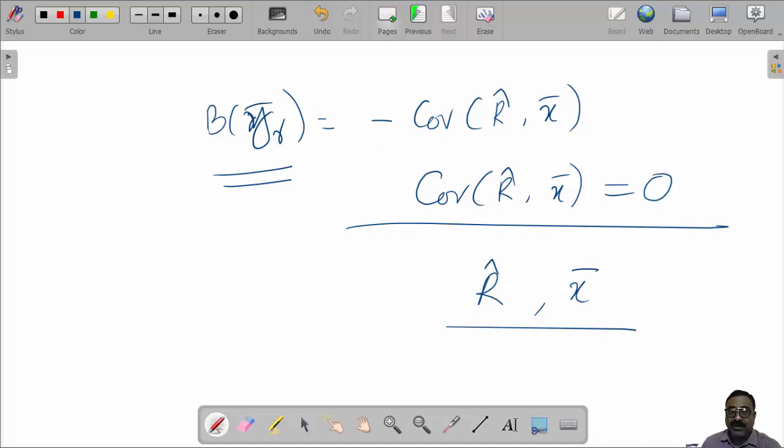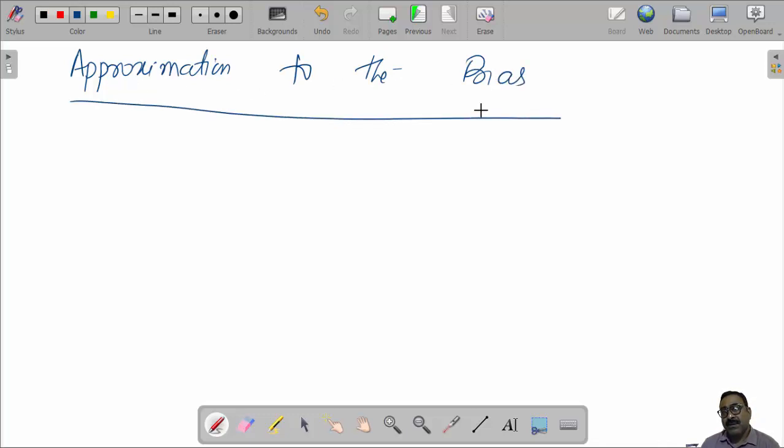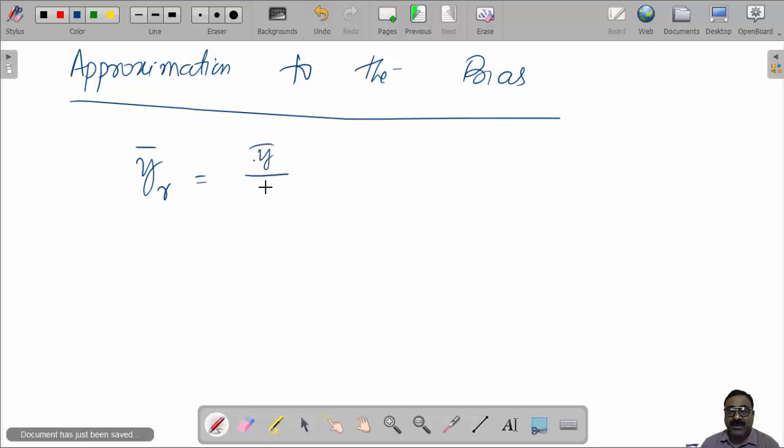Now we have to find out the approximate bias of the ratio estimator. We have the ratio estimator for the population mean ȳ_R equal to ȳ by x̄ into X̄.